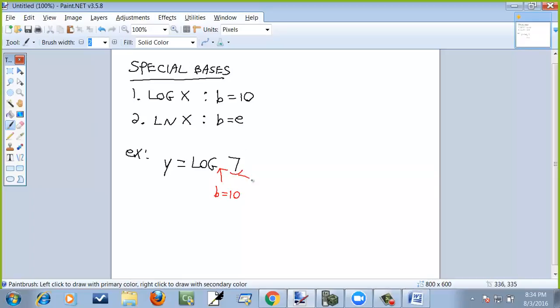Then whatever follows this will be our q, and the other side is our p. And our exponential form says b to the p is equal to q. So we'll plug in what we found. B we said was 10 to the p power, which was y, equals q, which is 7.